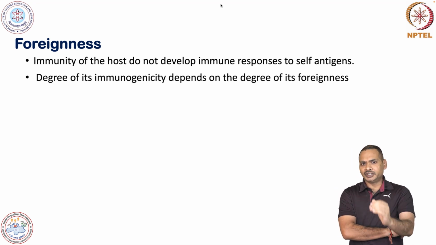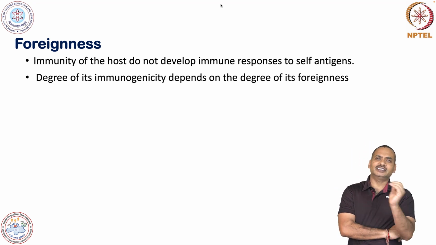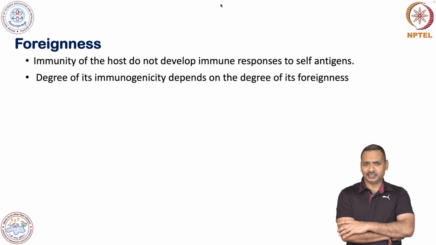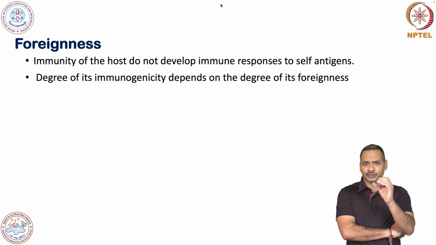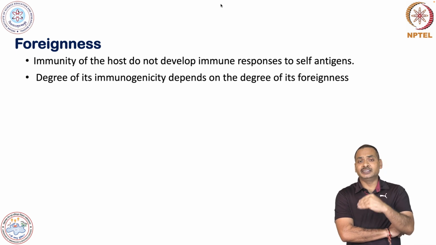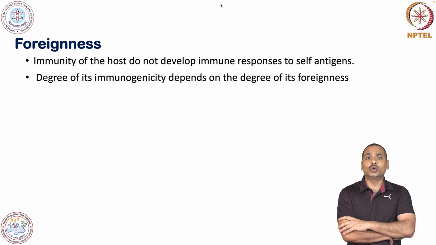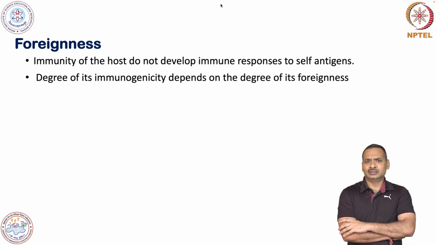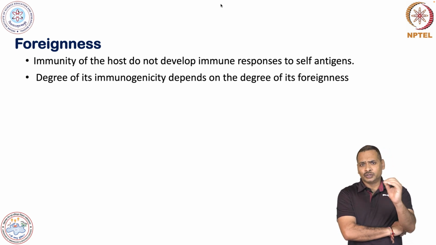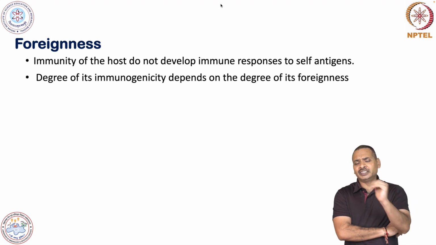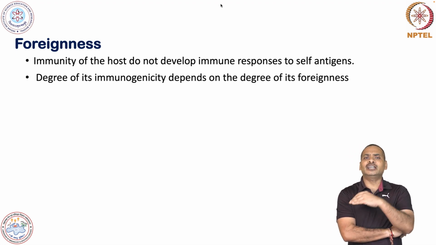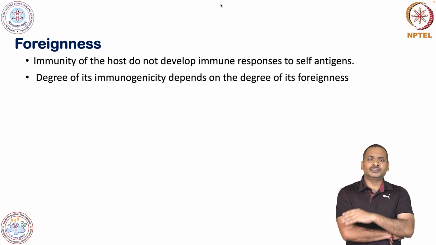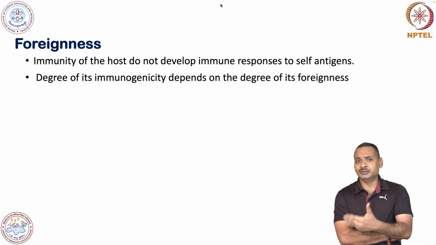If you take this protein and inject it into the cow, it will not be at all immunogenic. But if you inject it into the goat, it will be immunogenic. If you take this BSA protein and inject it into the chicken, that will also be immunogenic. However, in case of chicken, it will be highly immunogenic.